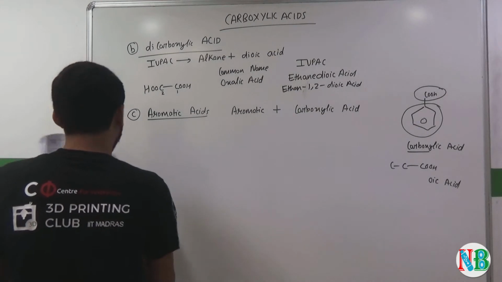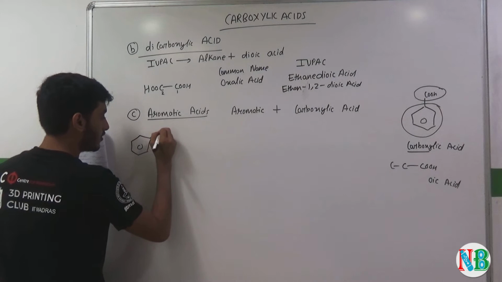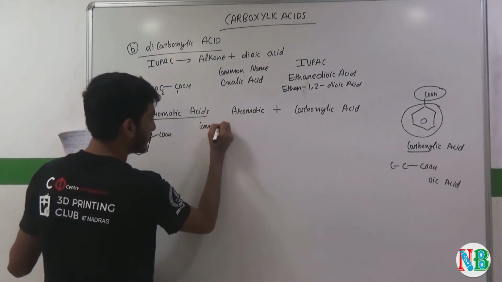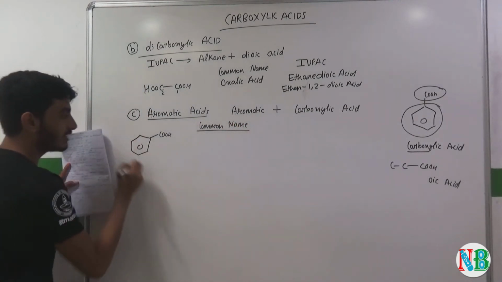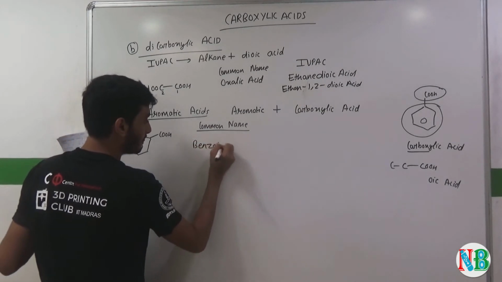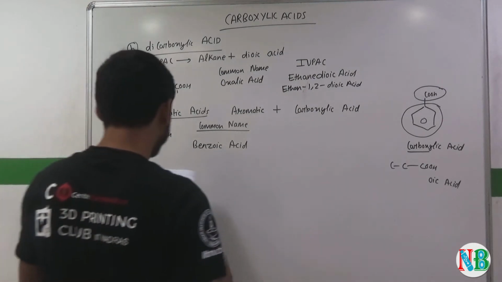So suppose I take the simplest example. This acid has a common name of, this ring structure is benzene, so it is benzoic acid. Simple.